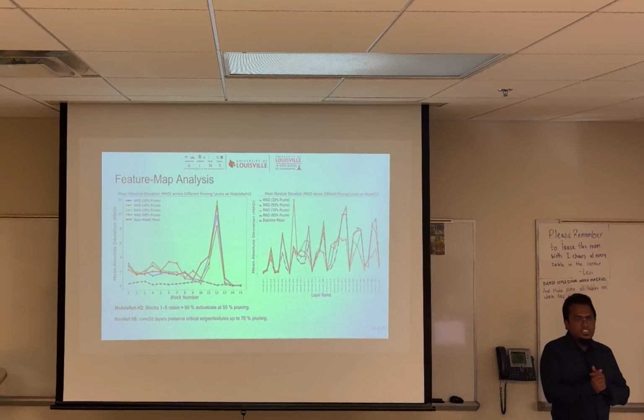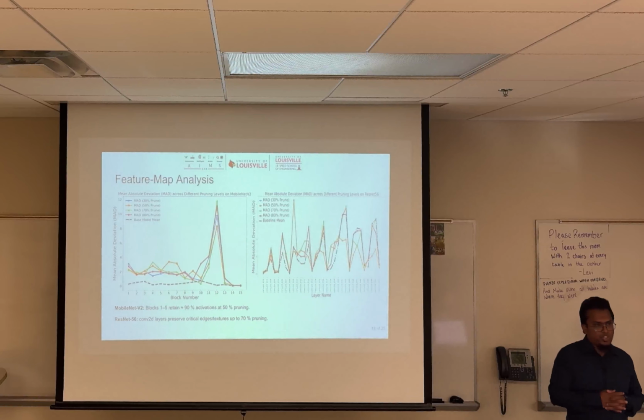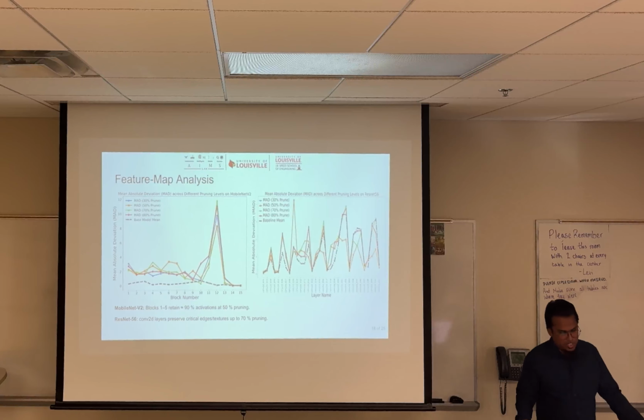So we cannot say it's because of the pruning, because if it were because of the 50% pruning, then we would see a similar trend for the 70% and 80% pruning as well. So it might be because of some noise or something else. I still don't know why this spike happens here.